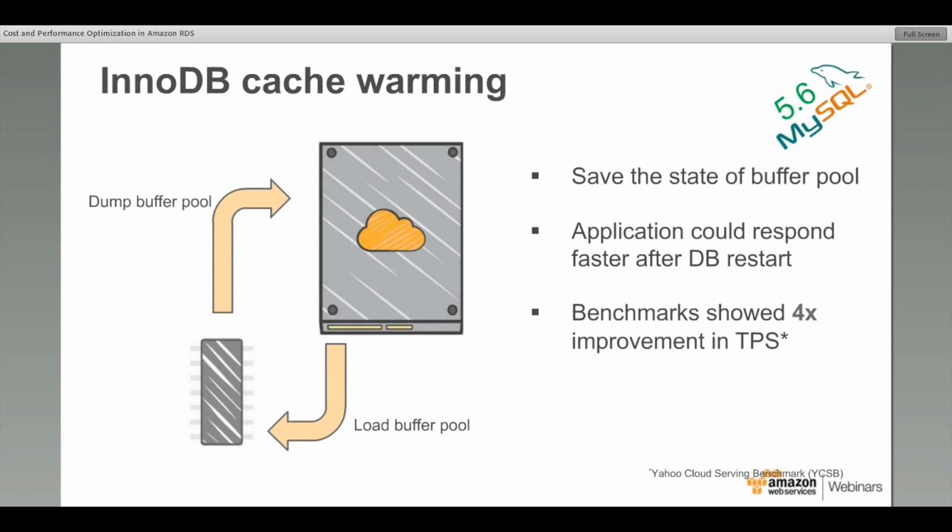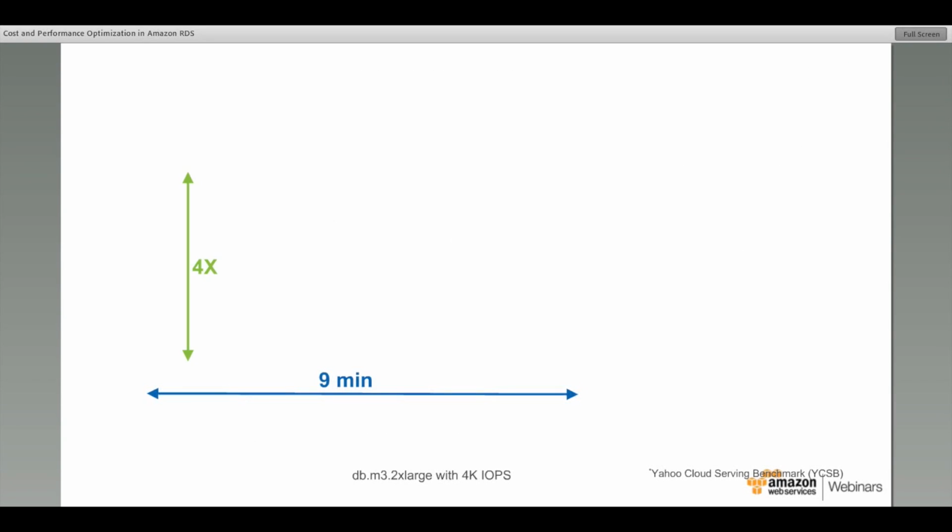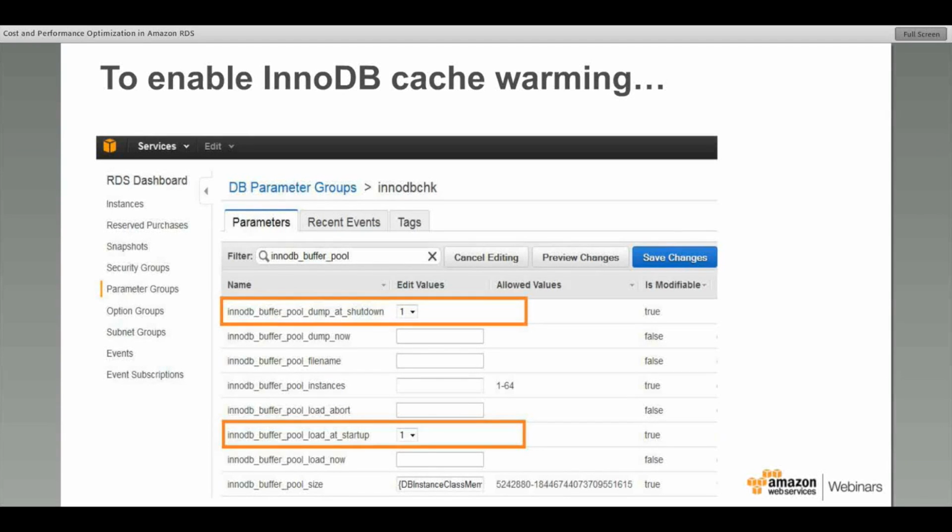With MySQL 5.6, you can configure some parameters, and our benchmarks show you can see up to 4x improvement in transactions per second by utilizing this feature. So here are the two parameters that you can set within RDS MySQL to enable InnoDB cache warming.